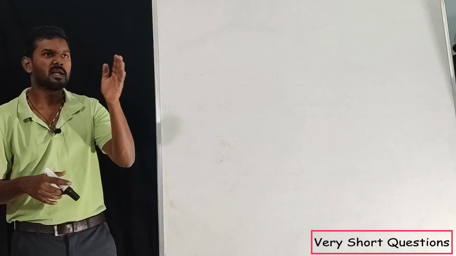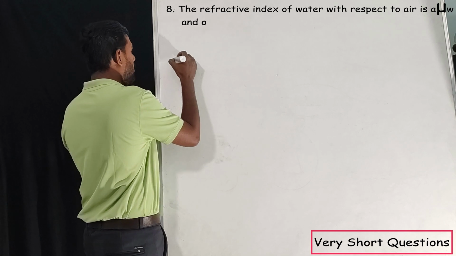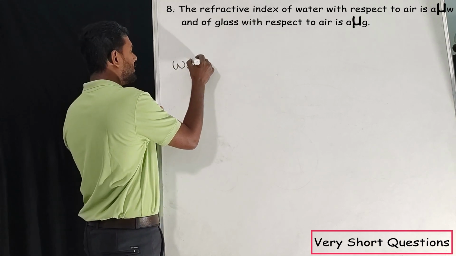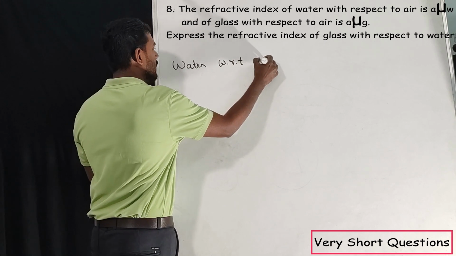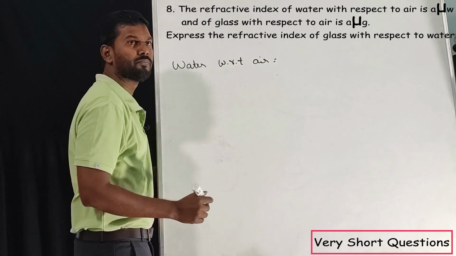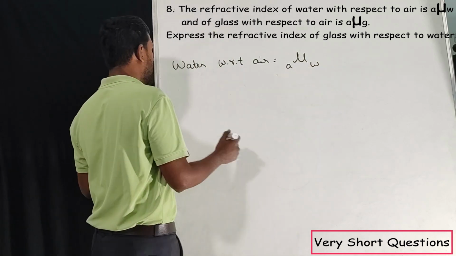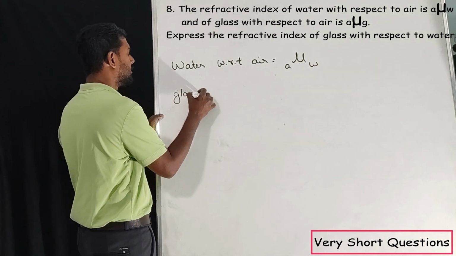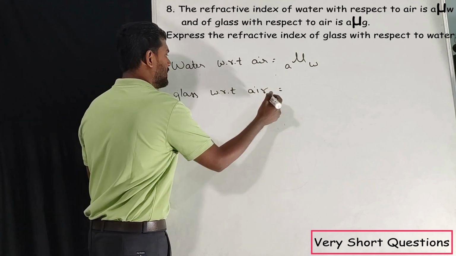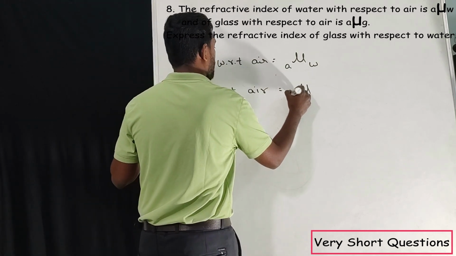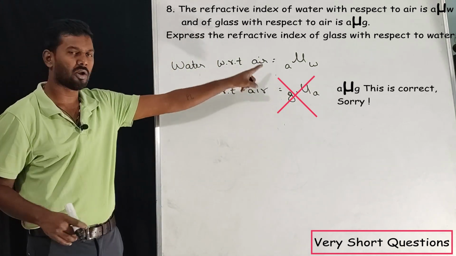Our next question. The refractive index of water with respect to air. Water with respect to air is equal to mu AW, and glass with respect to air is equal to mu AG. Okay, I'll explain all these things, don't worry.